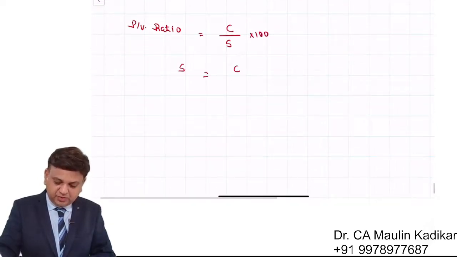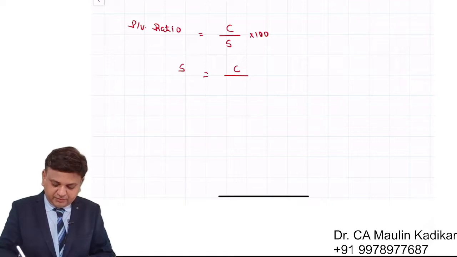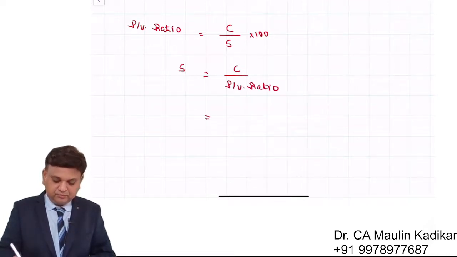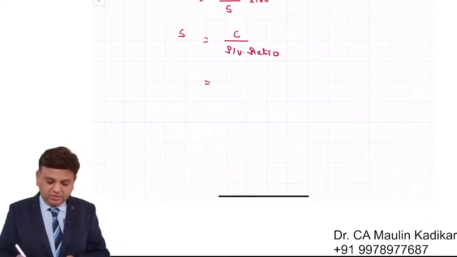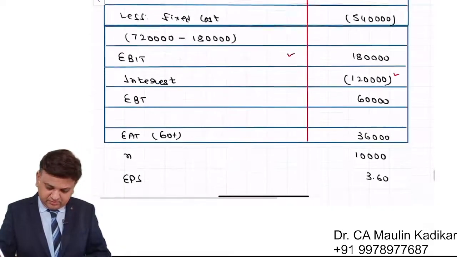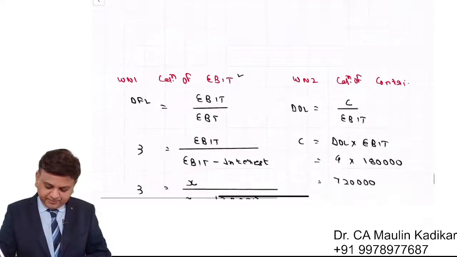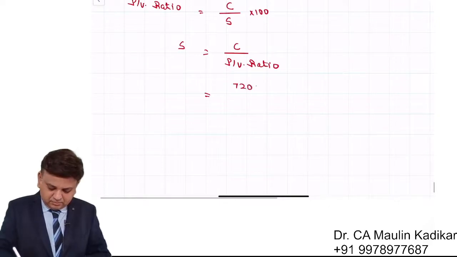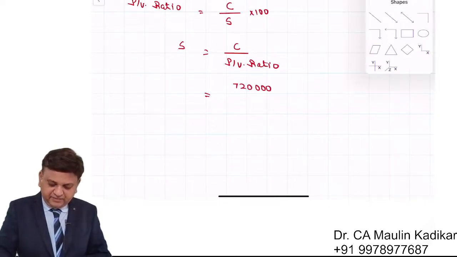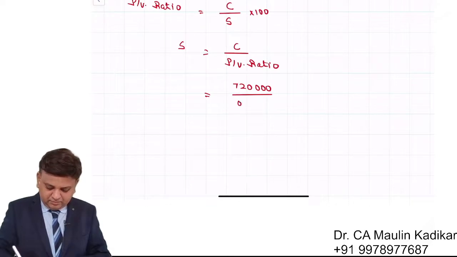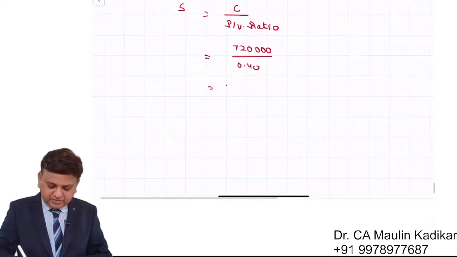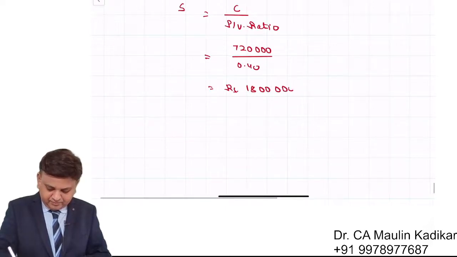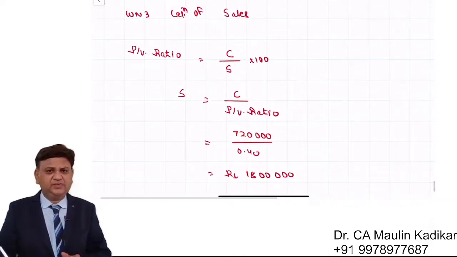So sales is contribution upon profit volume ratio. What is the contribution? Amount of contribution is 7,20,000 divided by 0.4. That comes to rupees 18 lakhs. That is the way the sales value can be found.